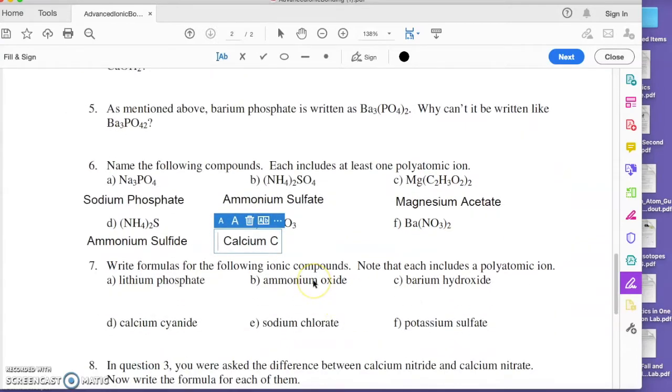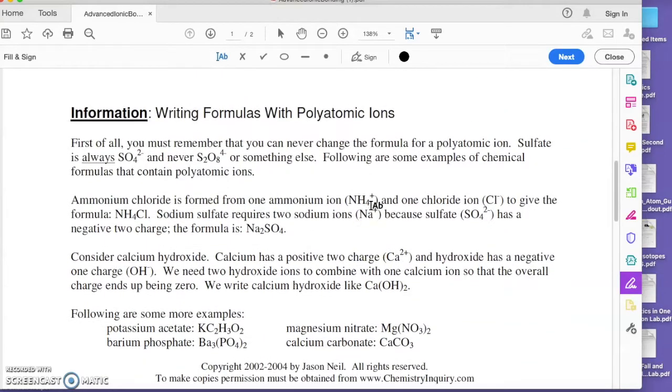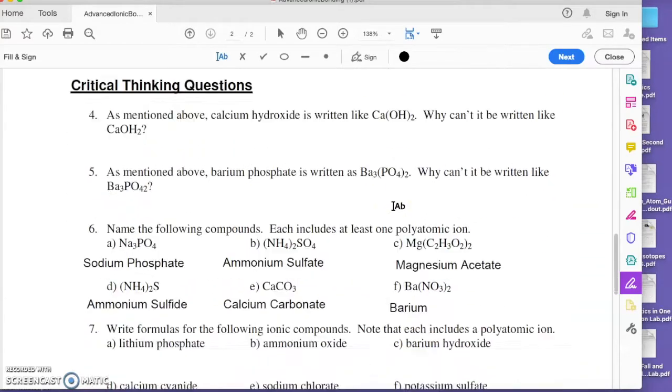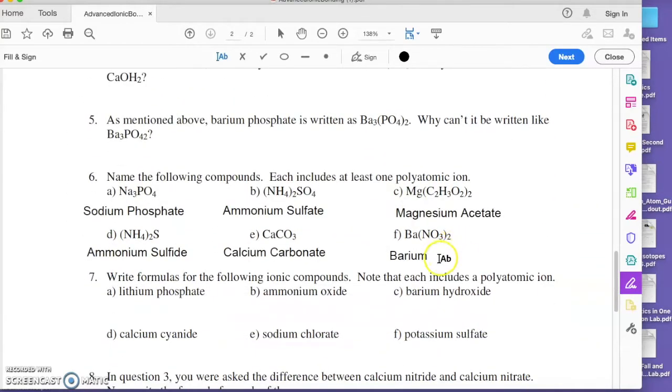So it's calcium carbonate. And then our last one, Ba is barium, and NO3 is right here, nitrate. So barium nitrate. It's two words.